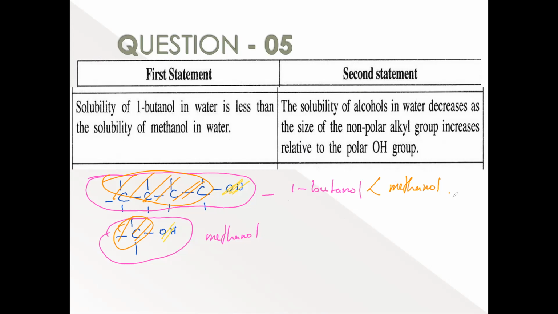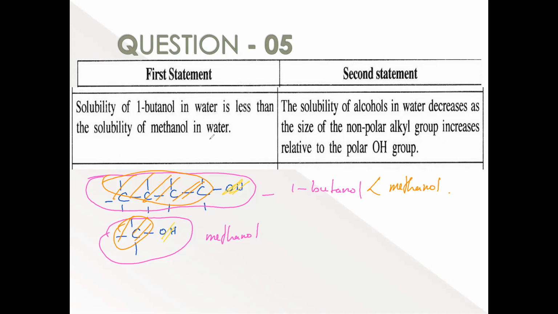What is the reason? If you want it to be soluble in water, this OH group is able to make the hydrogen bond with water. So the alcohol has the possibility of being soluble in water. But as your alkyl part, the non-polar part, increases, as the molecular weight and surface area increase, the solubility decreases.